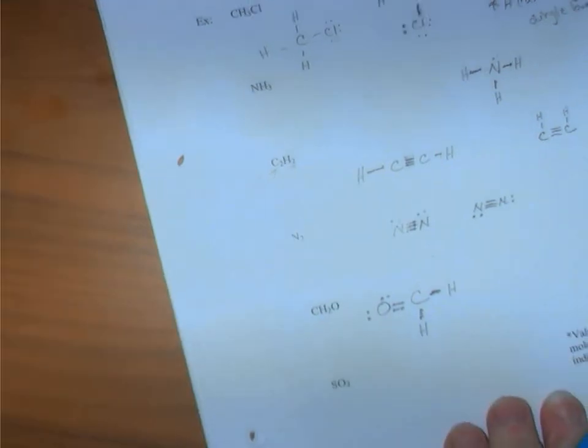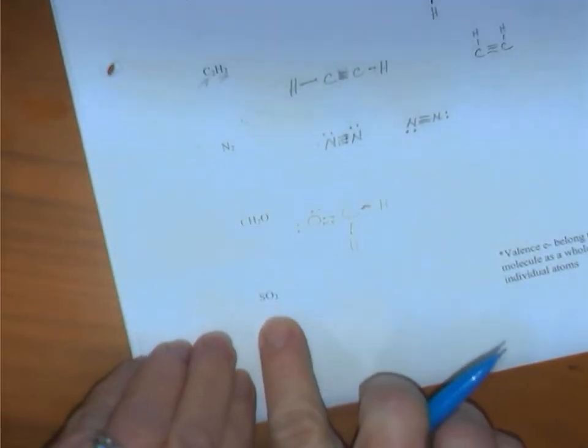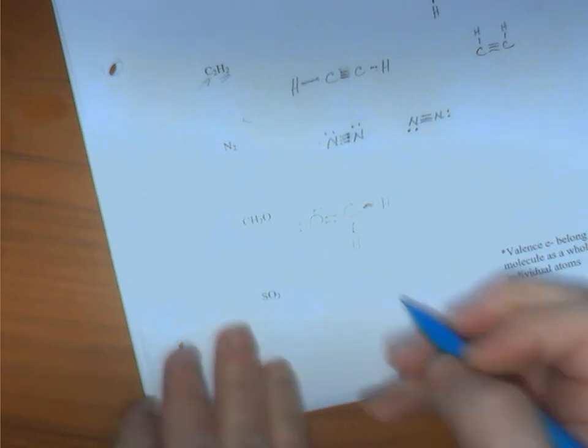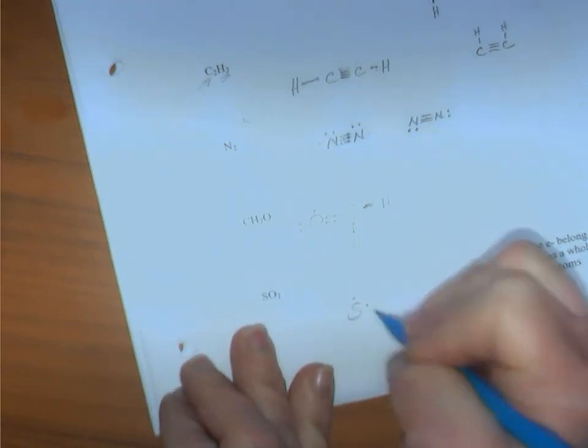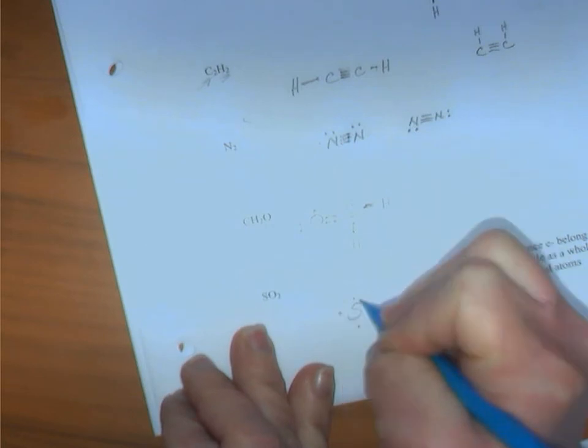All right, now SO2 teaches us something that we haven't seen so far. So oxygen will bond to sulfur. Everything comes in with 6 valence electrons.